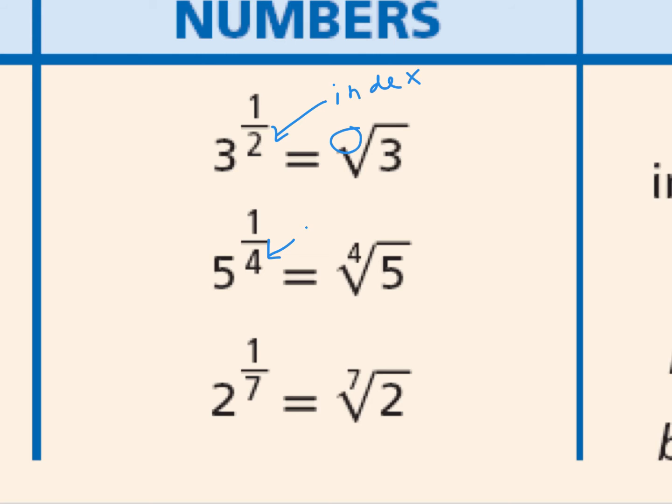In the denominator here, our index is 4. So we just write that out front of our radical. And then same thing with this one too. This is our index and 7 is our index. So whenever you see a fraction as your exponent, it's the same thing as a radical with that index.